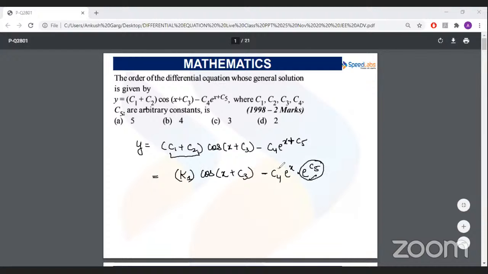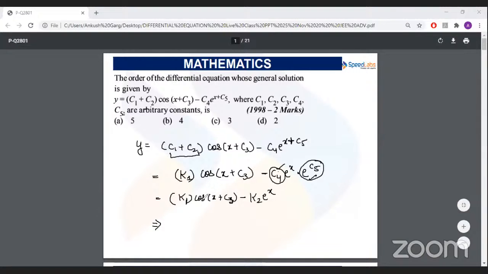And C4 is an arbitrary constant, so their multiplication will be a new arbitrary constant. इन दोनों का multiplication हम एक new arbitrary constant, let us write it as k2, ऐसा लिख सकते हैं, right? So finally what we are getting is k1 cos of x plus c3 minus k2 e to the power x.